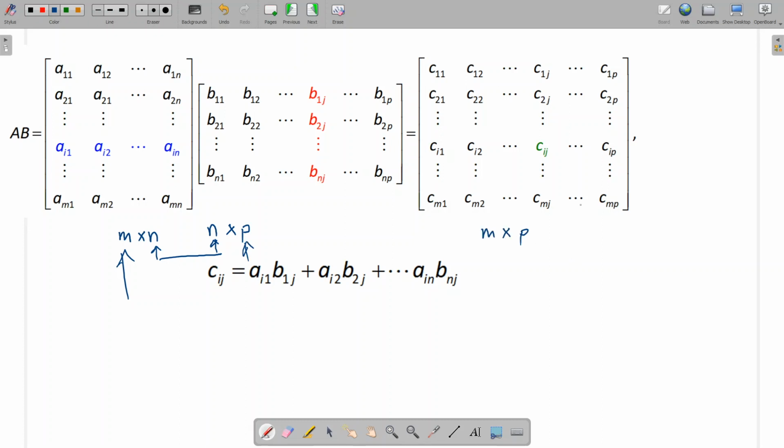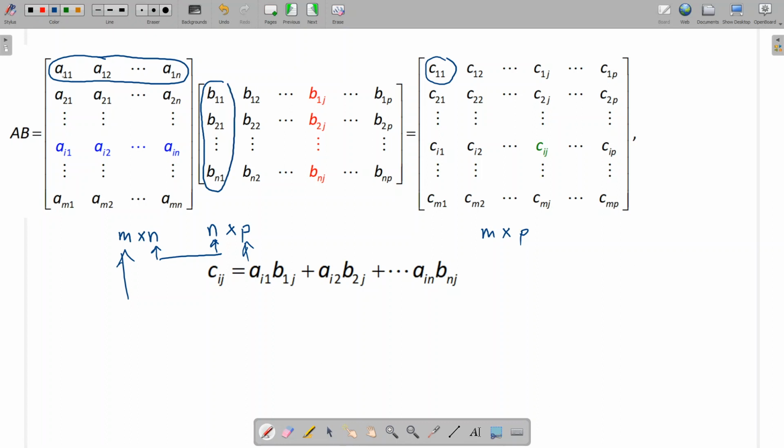You can see that with the subscripts here. Remember, the first subscript is the rows, so we can see M different rows. Second subscript is the number of columns, and there are P columns. Okay, so how do we get the elements in that? Well, we do the same procedure that we did before. So for example, this first element here was found by taking the first row and multiplying it by the first column.